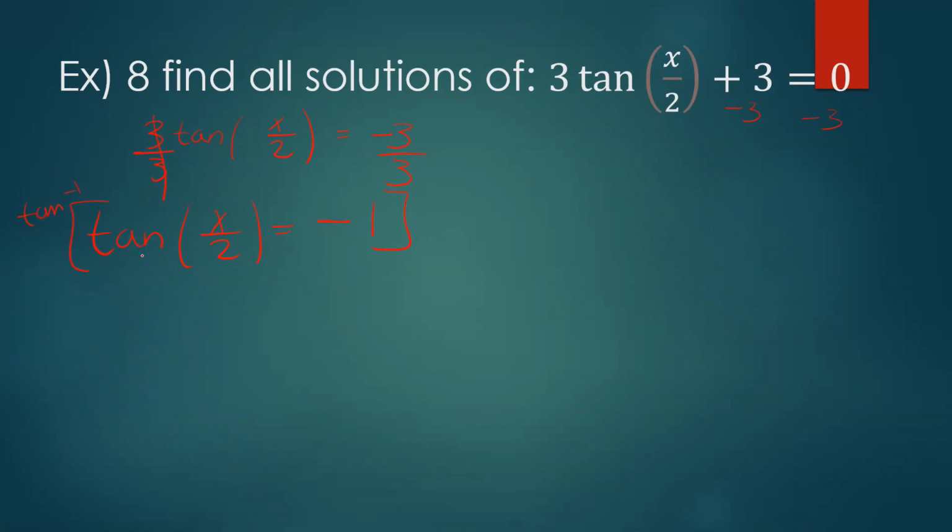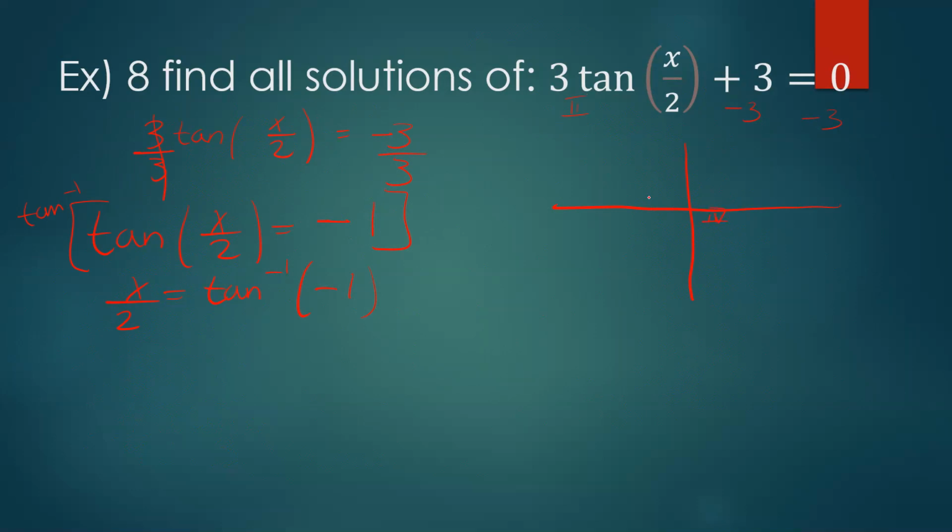So this would cancel, and you're just left with x over 2 equals tan inverse of negative 1. Do not multiply everything by 2, you can do that later on, but for right now, go in your unit circle and figure out where tan is negative 1. That would be in quadrant 2 and in quadrant 4.